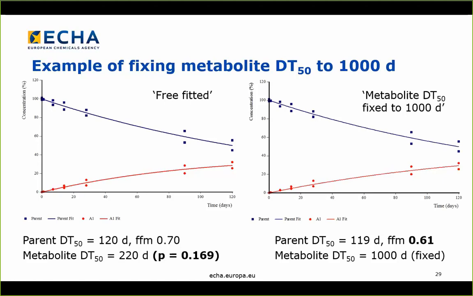We've kept that fixed and just re-optimized the other parameters. And the only thing that the model does mathematically is just slightly reduce the formation fraction. And you can see that visually the fits are almost the same. But at least we've now got a conservative DT50 that we've been able to retain rather than using this value that statistically is uncertain, I would say.